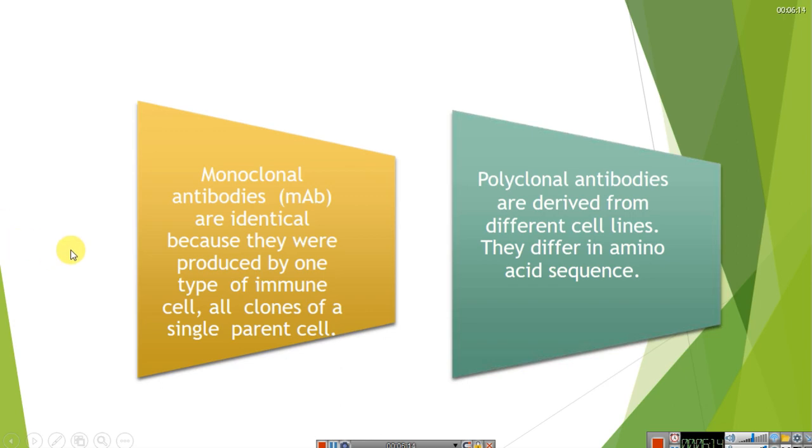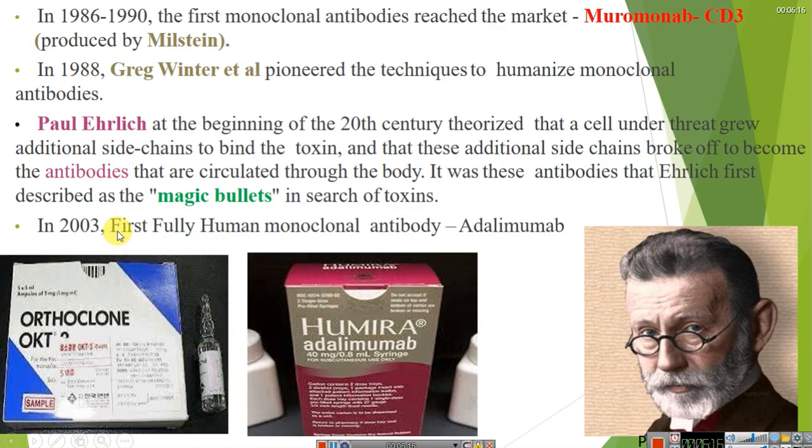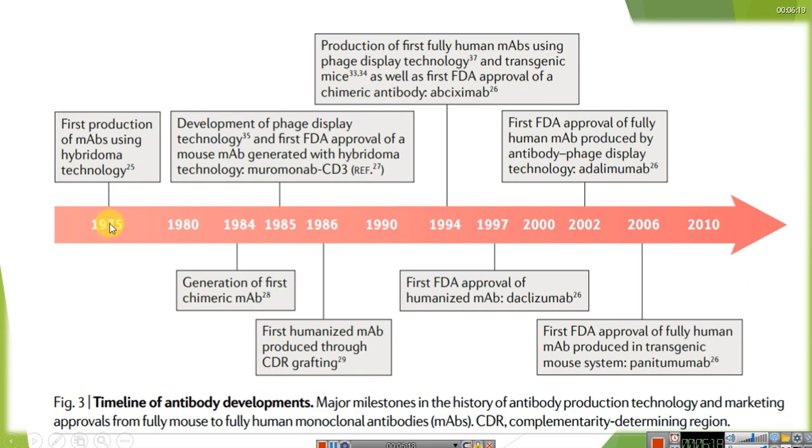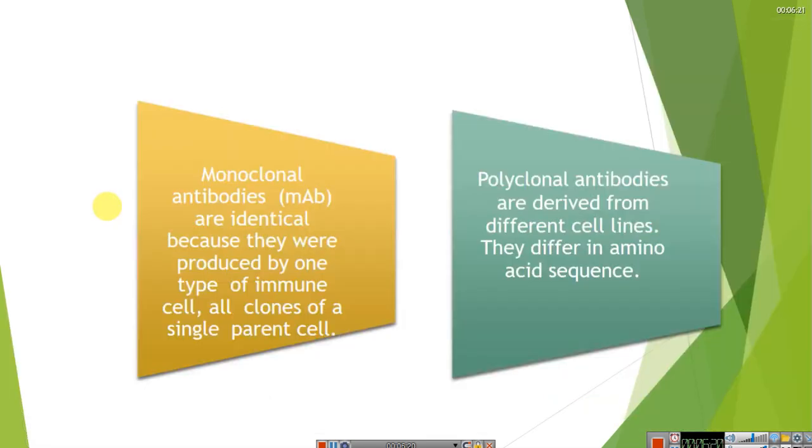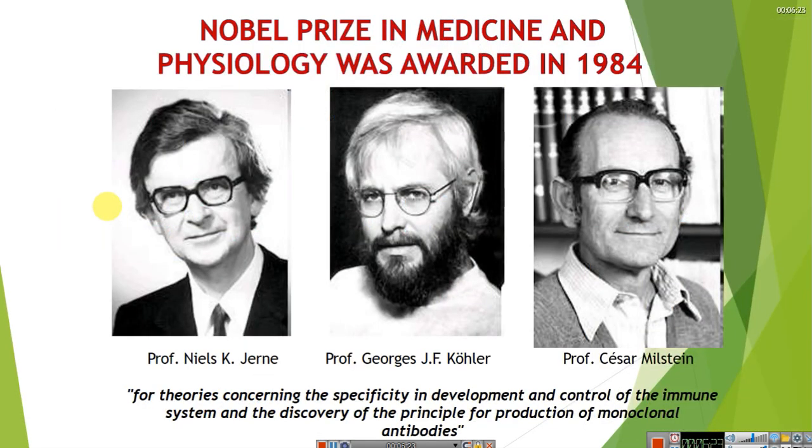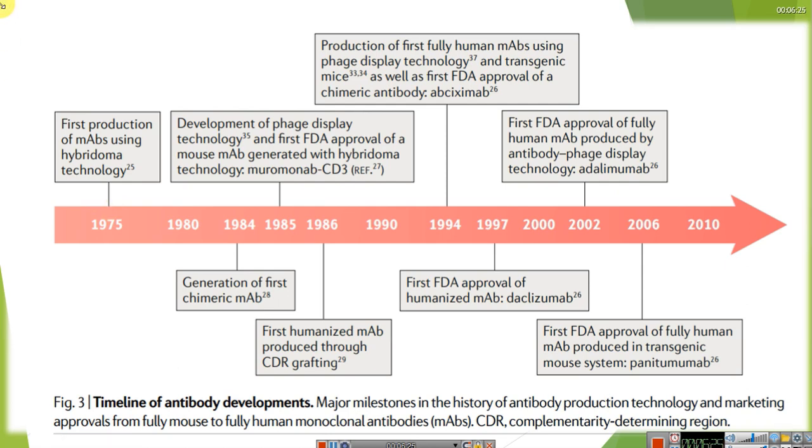Okay, so as we already saw, in 1975 the first monoclonal antibodies were produced, and then in 1984 the first chimeric monoclonal antibody was produced. You will know these terms shortly: what is a chimeric antibody, what is a humanized antibody, monoclonal antibody, all those.